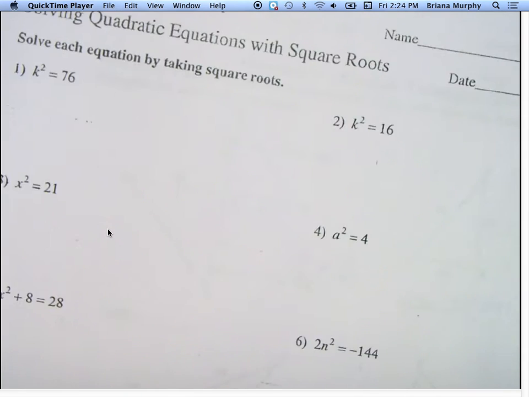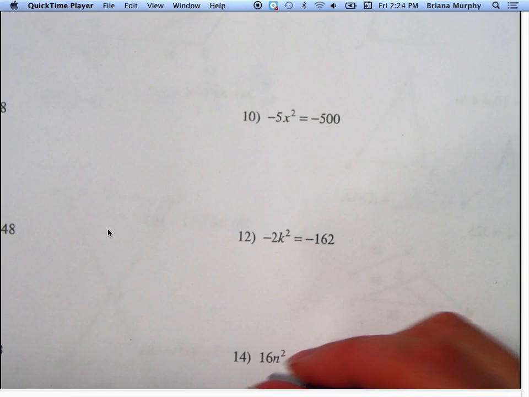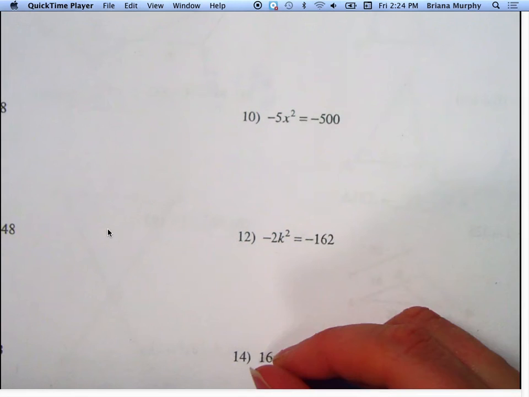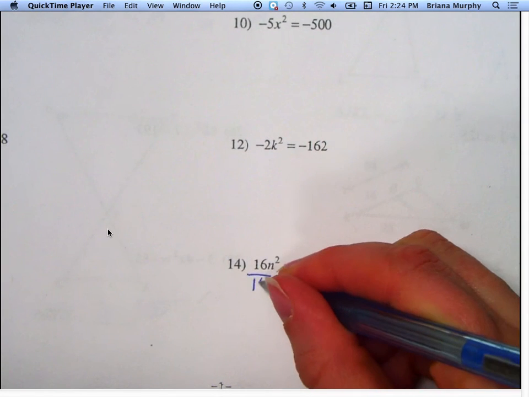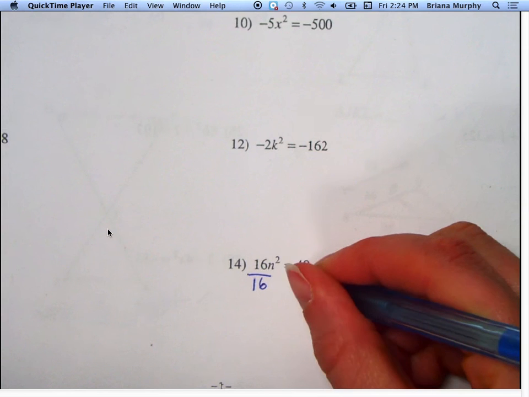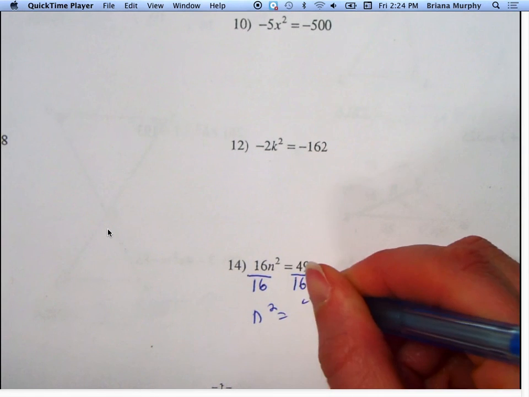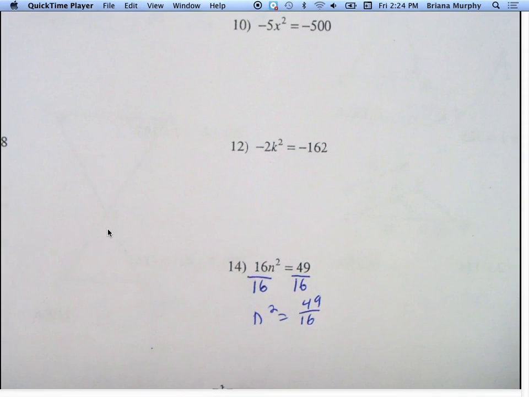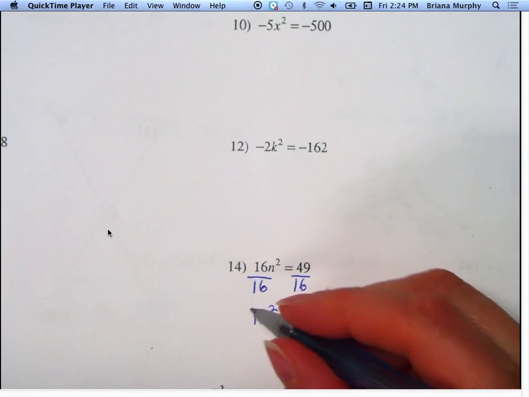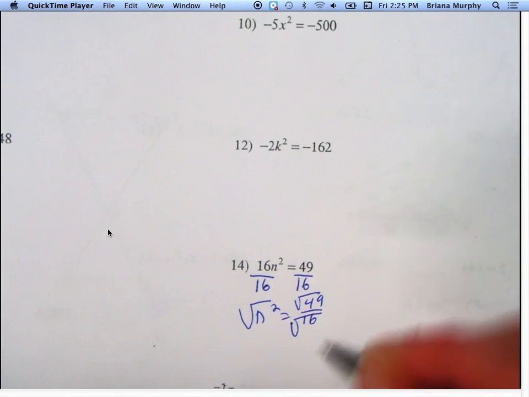Okay, so number 14. All right, so I'm going to divide both sides by 16. So n squared equals 49 over 16. And now what do I do? Square root. So I would square root the top and the bottom.